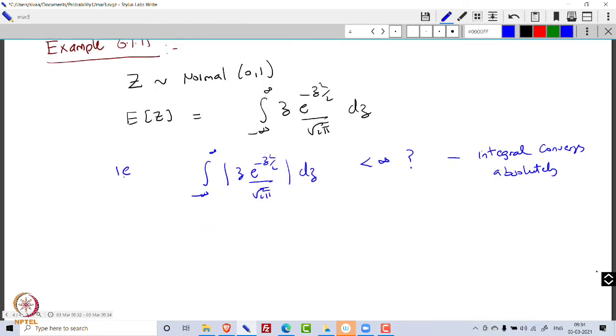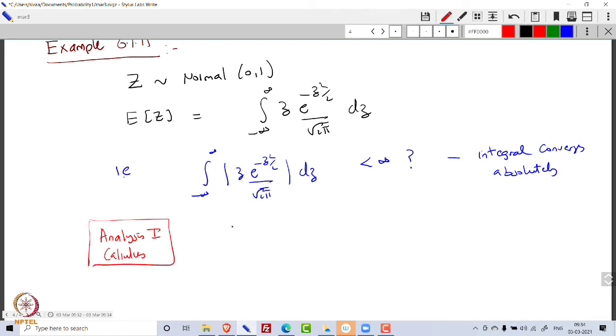So how do you check that? That's done by a little trick. This is a thing from basic calculus, your analysis 1 perhaps.